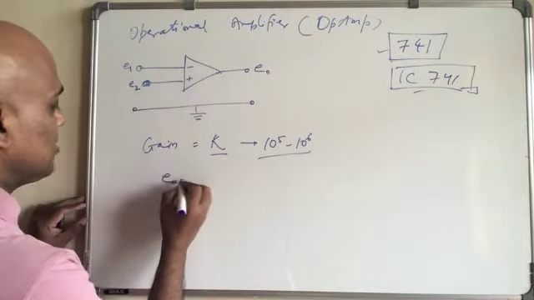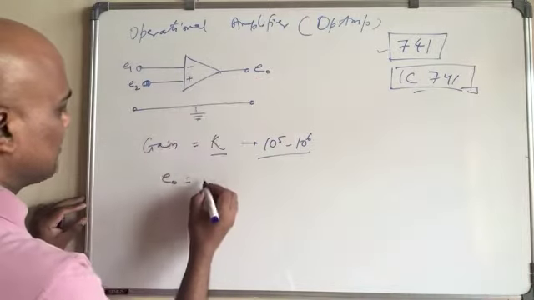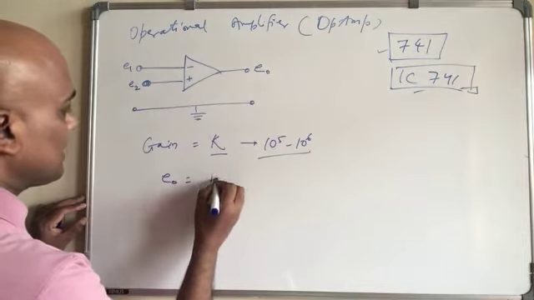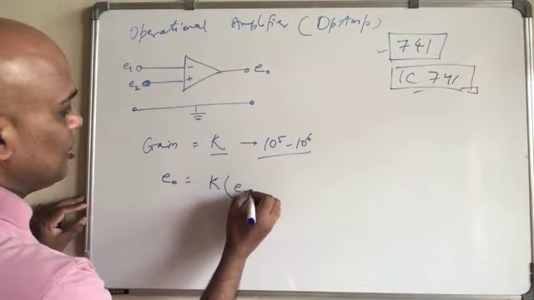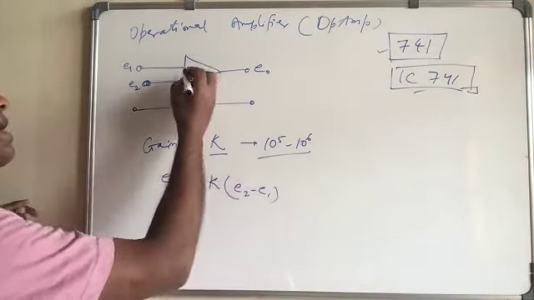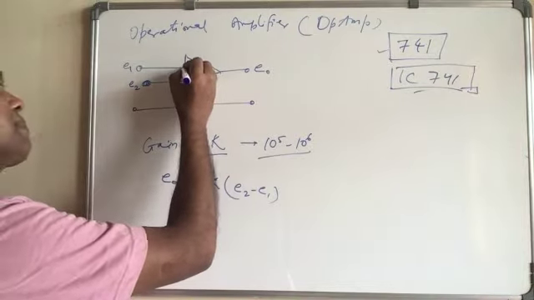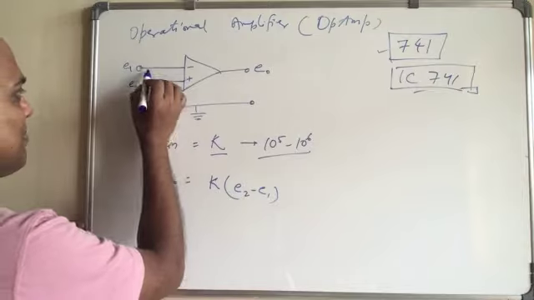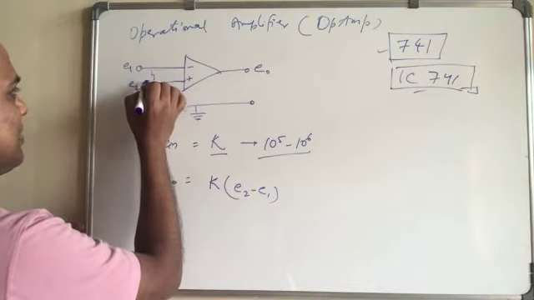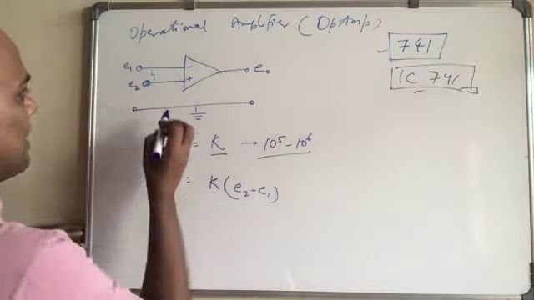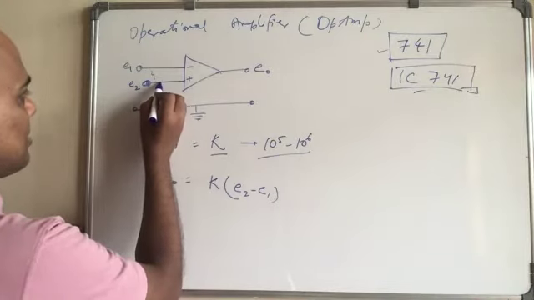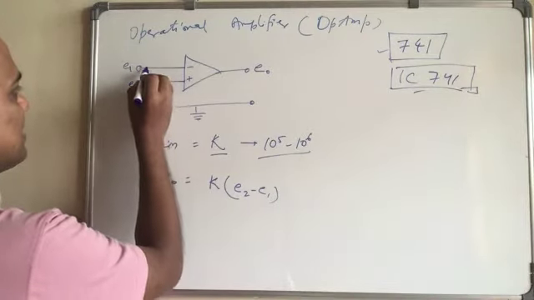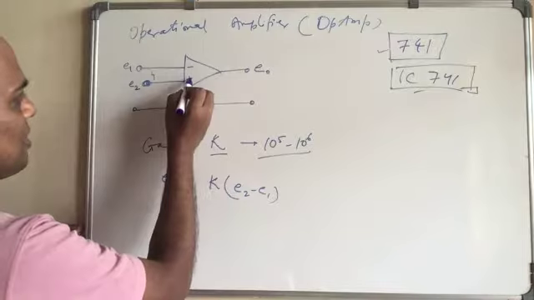That really means E_o, the output voltage, equals K times (E2 minus E1). Look here, there are two pins basically. This is a differential amplifier, meaning that the difference between the two is going to be amplified. This is the first one, this is the second one, so this minus this is amplified, and hence you call them plus and minus.